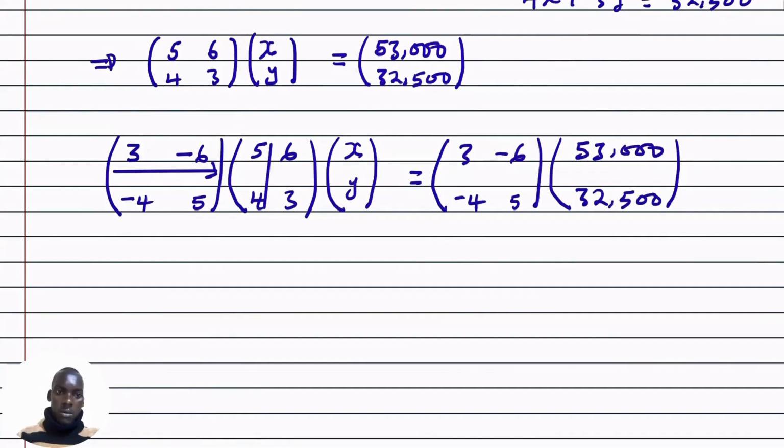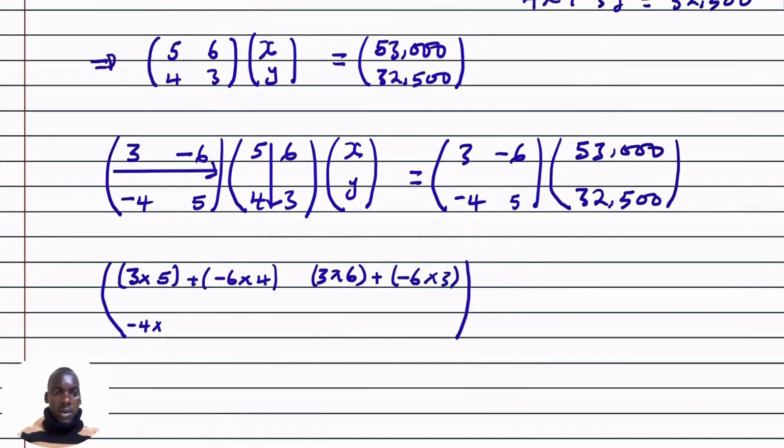From here, we are now going to multiply the matrices, following the row by column order. We have 3 multiplied by 5, plus negative 6 multiplied by 4, then 3 multiplied by 6, plus negative 6 multiplied by 3. Then negative 4 multiplied by 5 plus 5 multiplied by 4, then negative 4 multiplied by 6 plus 5 multiplied by 3.